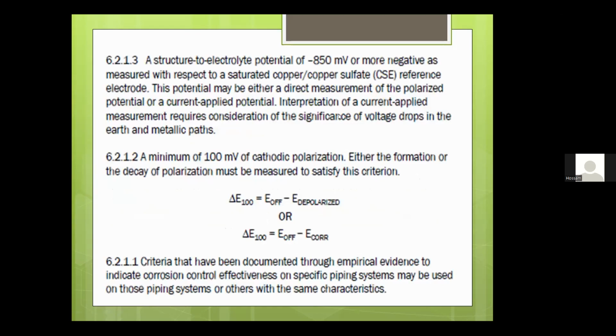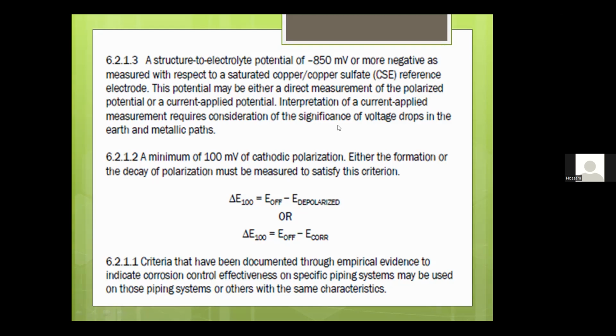Here is a structure-to-electrode potential of negative 850 millivolts or more negative, as measured with respect to a saturated copper sulfate reference electrode. This potential may be either a direct measurement of the polarized potential or a current applied potential. Interpretation of a current applied measurement requires consideration of the significance of voltage drops in the earth and metallic paths.